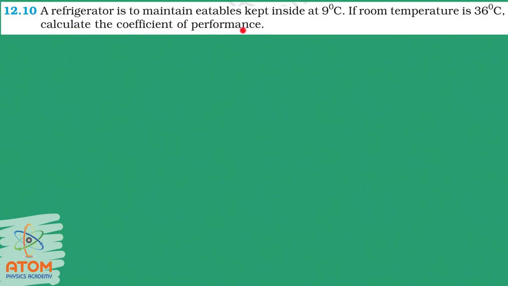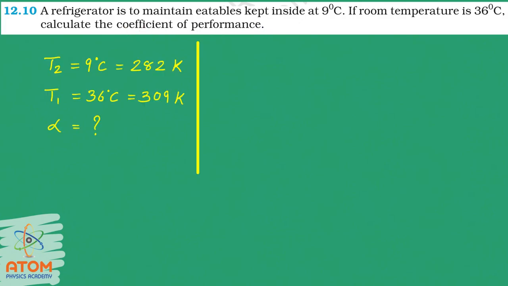So we need to find the coefficient of performance, that is alpha. First let me put the values given. The temperature of the cold reservoir T2 is 9 degrees Celsius. That means adding 273 you will get Kelvin, and that will be 282 Kelvin. The temperature of the hot reservoir, that is T1, is 36 degrees Celsius. Here also adding 273 we get Kelvin, so it is 309 Kelvin.